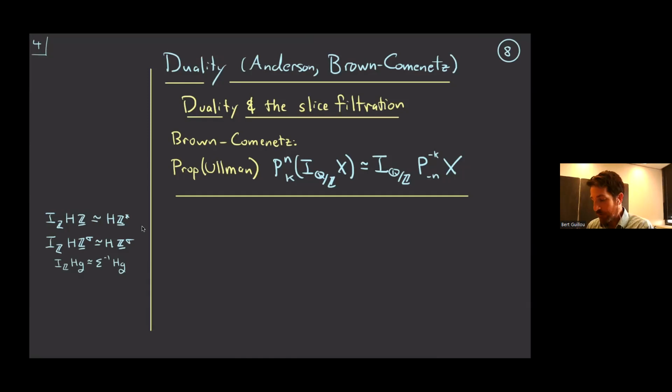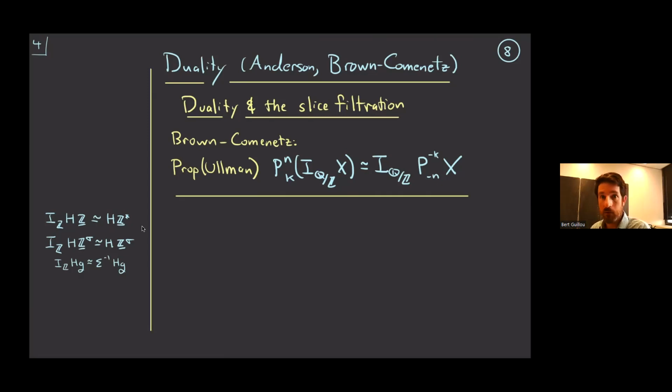What he showed is that if you have some equivariant spectrum and you take the Brown-Comenetz dual, and then look at one of the slice sections of this, that's the same as just dualizing the slice section in the negative range. So there's a very nice behavior of Brown-Comenetz duality and slices. And again, if you have something which is torsion, then Brown-Comenetz duality is very easy to understand.